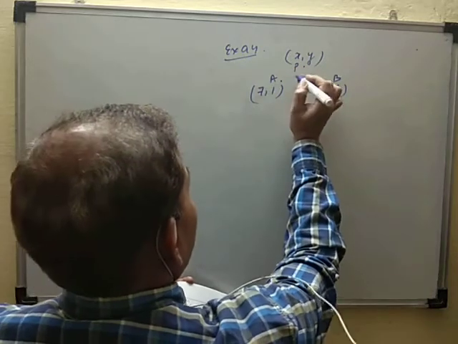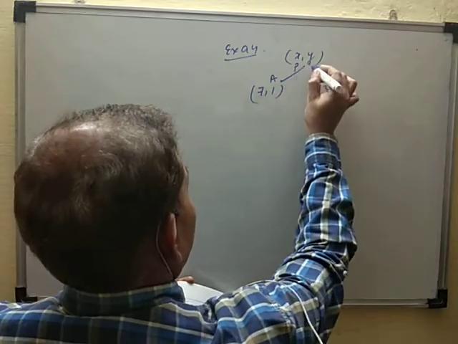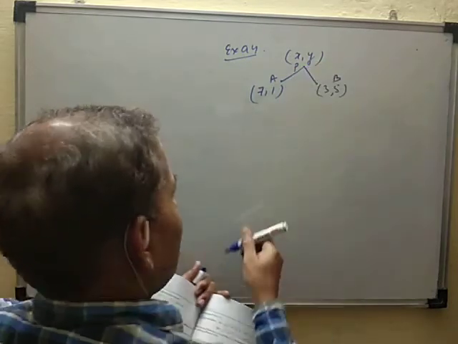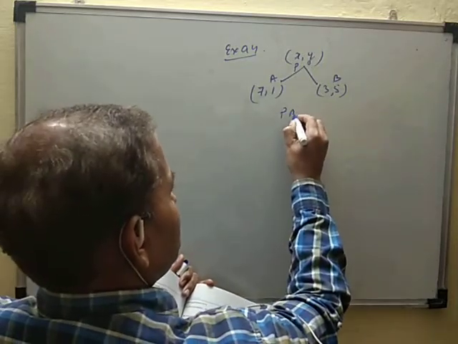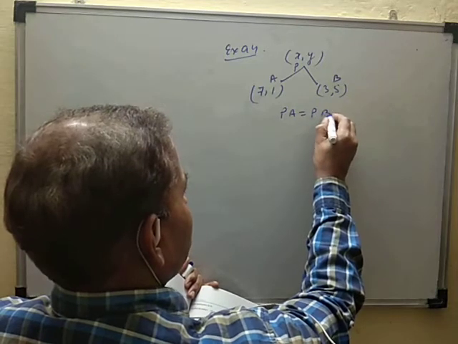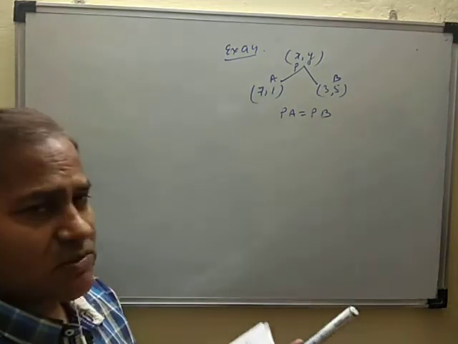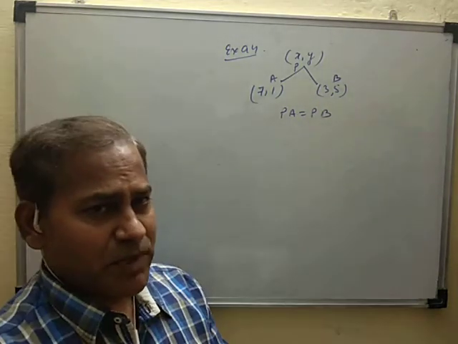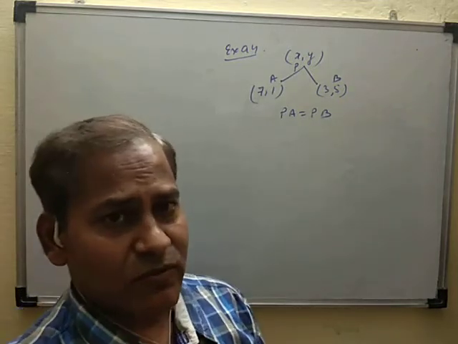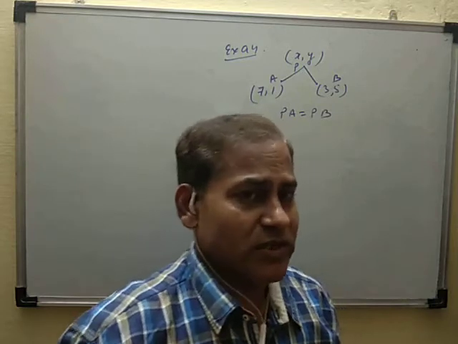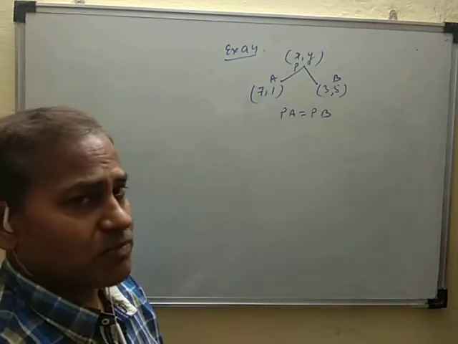That is, this point P is equidistance from A and B. That is given PA is equal to PB. ये समझ में आ गया? Point P, that is xy, is equidistant from given 2 points, that is PA is equal to PB.